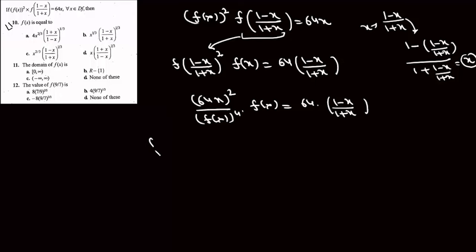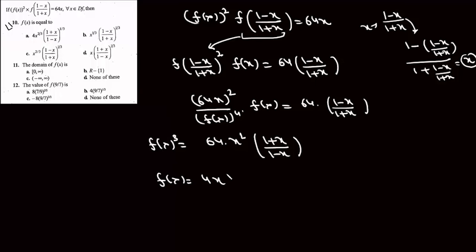Now this is f(x) cube, so we can write f(x) cube will be 64 into x square into (1 plus x) upon (1 minus x). And if we take its cube root, we know that the cube root of 64 is 4, and this is x to the power 2 by 3, and this is ((1 plus x) upon (1 minus x)) to the power 1 by 3, and that's your option A.